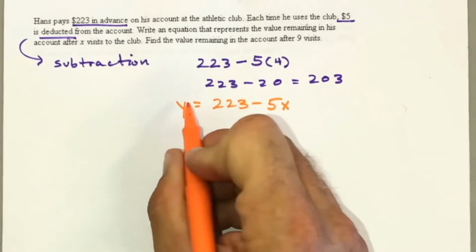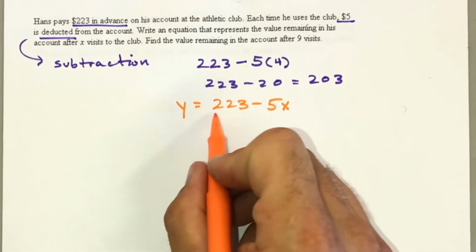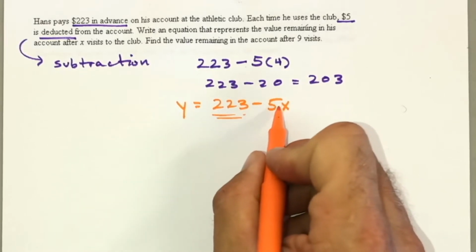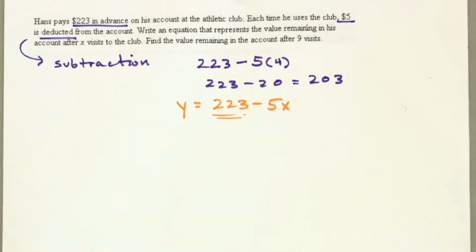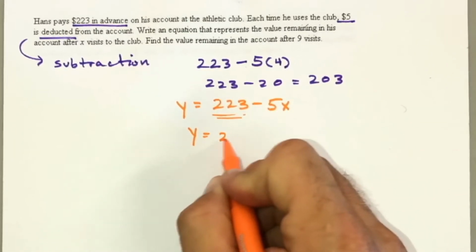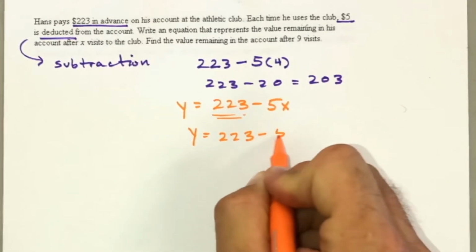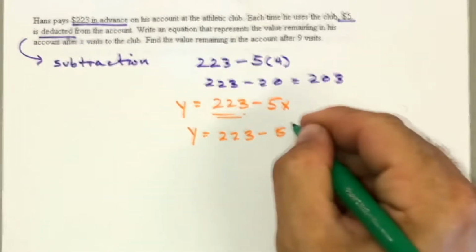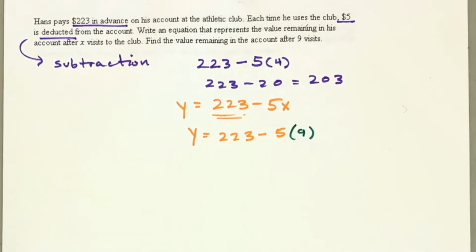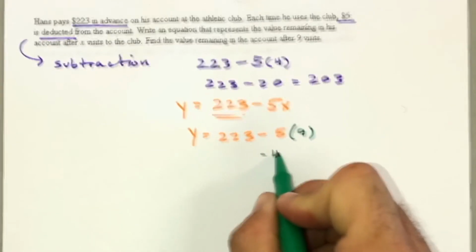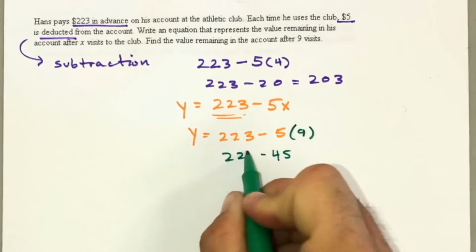So my output, or what's left in my account, is what I already have in there minus, or deducted, 5 times each visit. And then it asked me to figure out what would be left in my account after 9 visits. So we know 5 times 9 is 45, so we're going to deduct that from the 223.